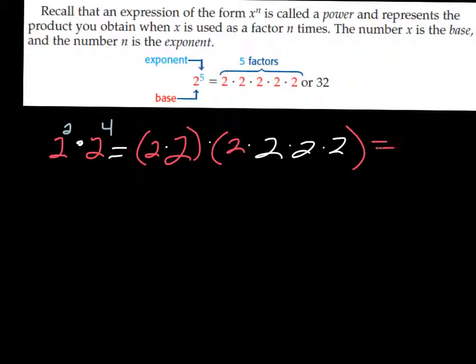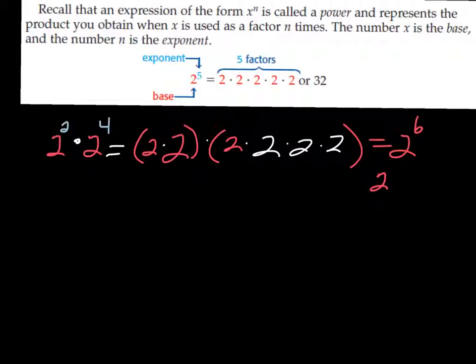Now, if it seemed a little bit silly to you that I counted those, you're right. I could have just said that was 2 to the 2 plus 4, which is, of course, the 6 that we already had.